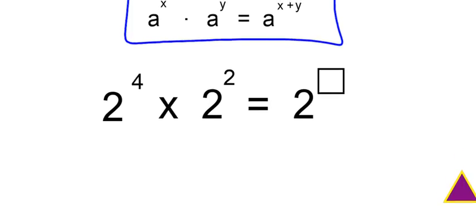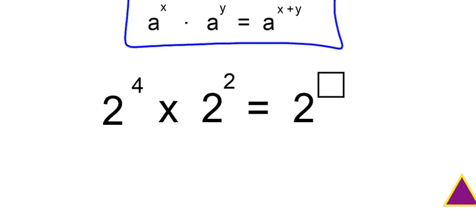Now let's apply that. We have the number 2 to the 4th times 2 to the 2nd, and we want to know what that equals. We've already established that when I have our a, in this case it's a 2, and now I have the same base, I'm going to end with the same base.